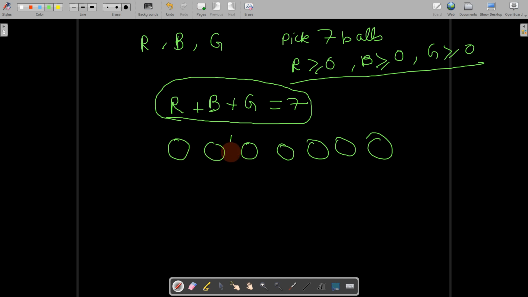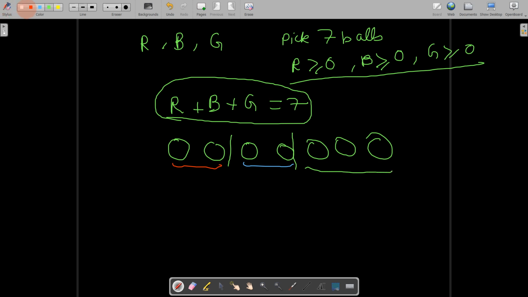We will introduce two bars. The part on this side of the bars represents two red balls, the middle part represents two blue balls, and the remaining you select as green balls.